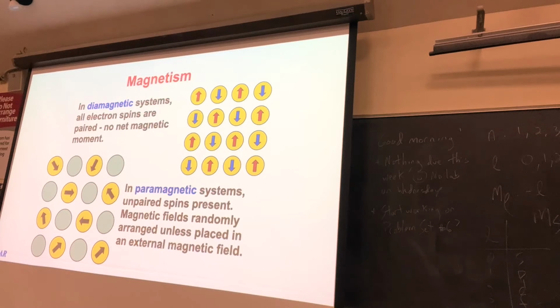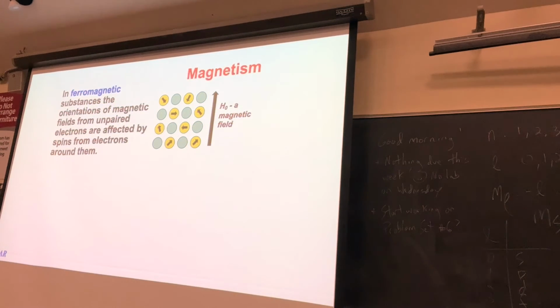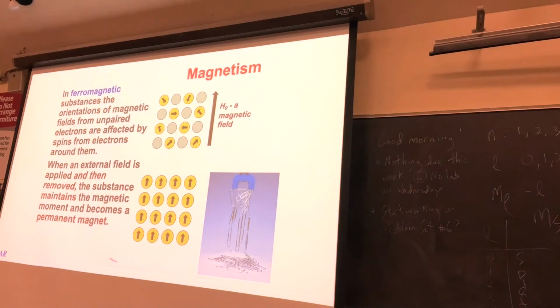Now, if you've ever been to OMSI and you play with some of their super magnets, those are pretty wild. Those are like super paramagnetic things, and super paramagnetic things are different than regular paramagnetics. If you have a paramagnetic substance and you apply an external field and you're able to get them to all align, this is what makes a ferromagnetic substance. A ferromagnetic substance is like supercharged paramagnetism.